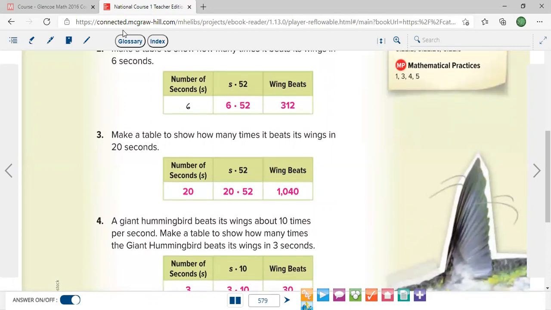Problem 3, we need to know how many wing beats in 20 seconds. So the same, we substitute the variable s with 20. So this will be 20 times 52, which will give you 1040.